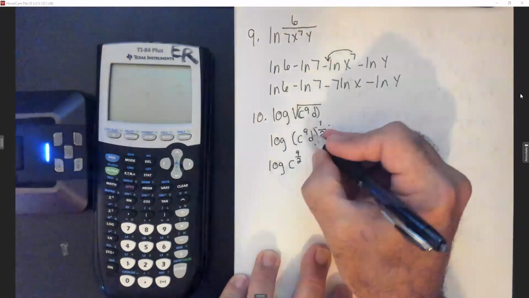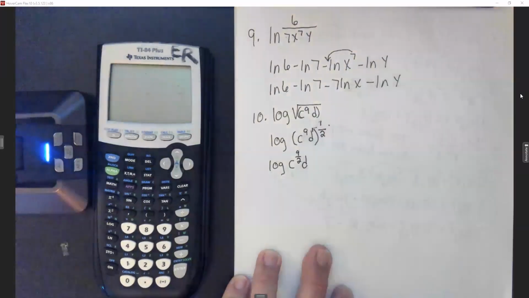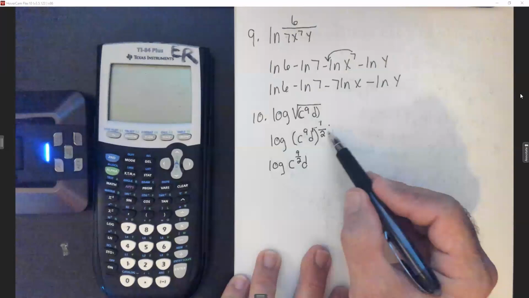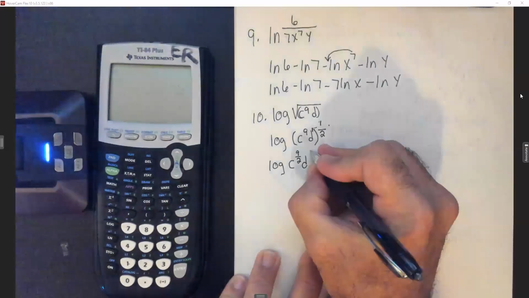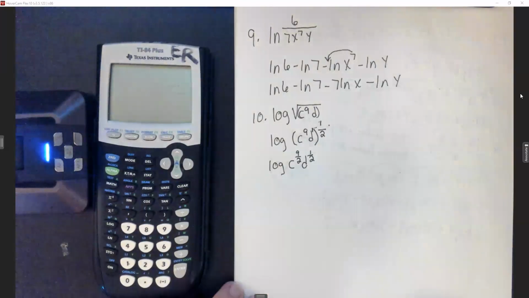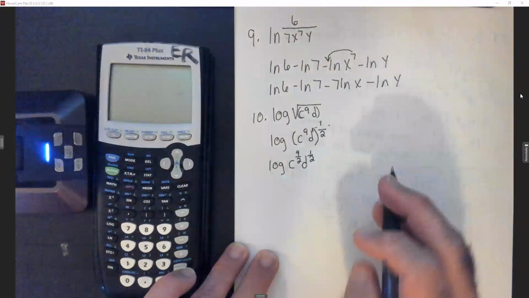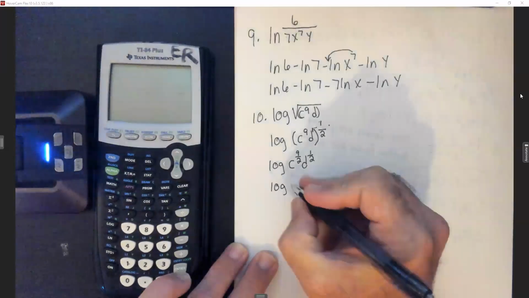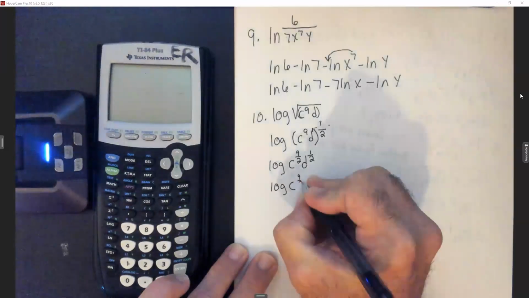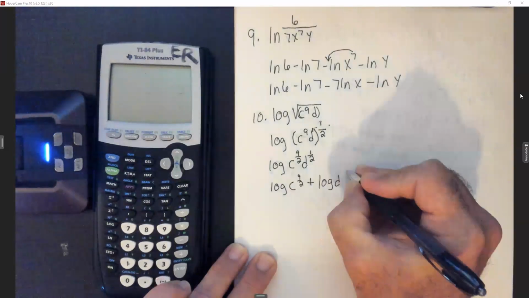The D, no exponent there, so it's like a 1, and 1 times 1/2 is 1/2. All right, these are being multiplied, so I rewrite that as a sum. I got a log C of 9/2 plus a log D to the 1/2.